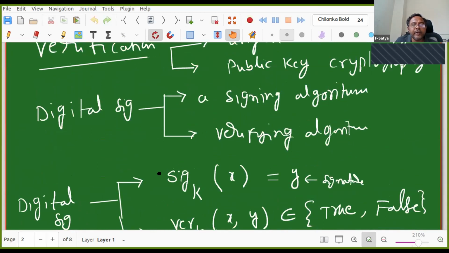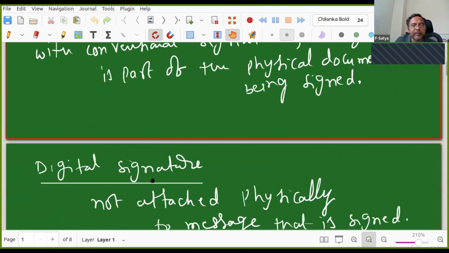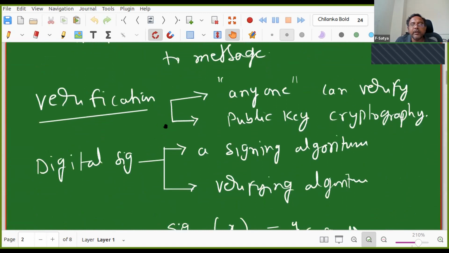Is there any doubt so far? You understand the difference between a physical signature and a digital signature. The second point is that anyone can verify. That is a beauty here. With a physical signature, it is not possible, because you do not know somebody's signature. But here anyone can verify.